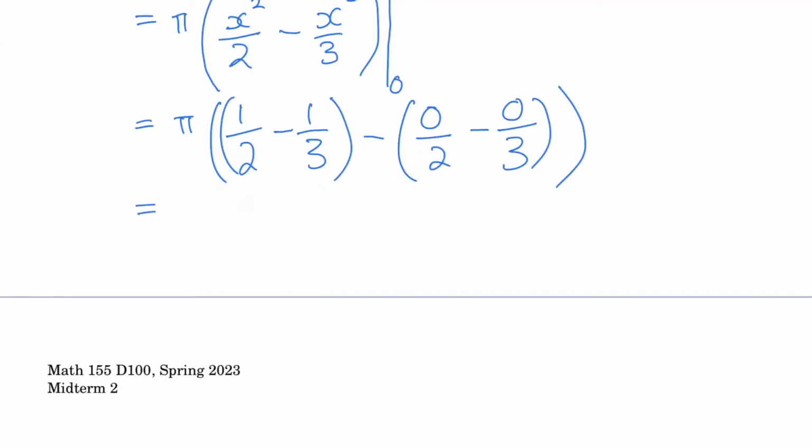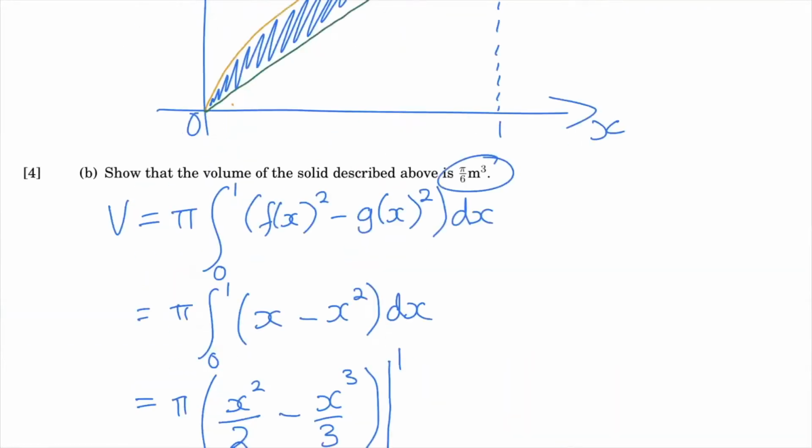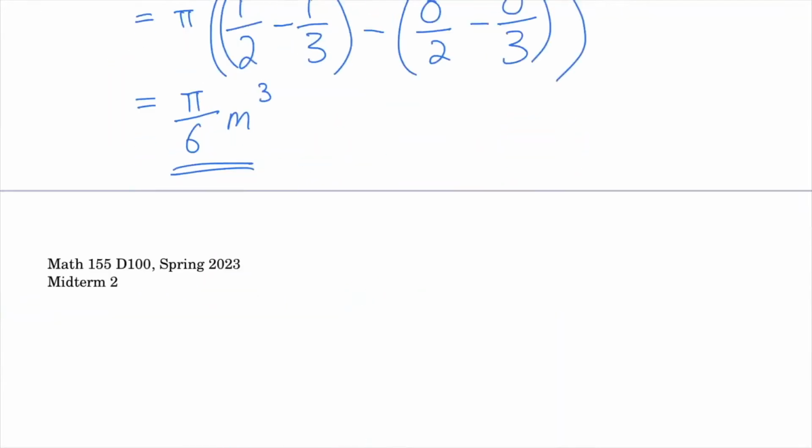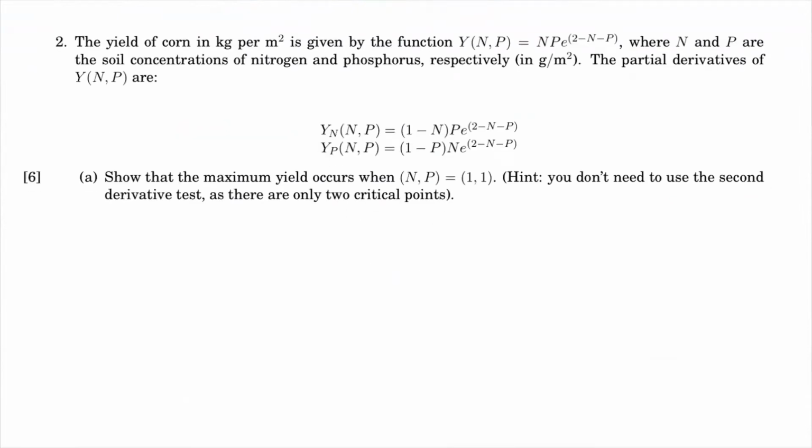A half minus a third is going to be 1 over 6. So we have pi over 6. We can bring in our units here now, meters cubed, and this is what we were asked to show in the question. So I think most people got that right. There were a few notation mistakes, which was one of the main problems in that question.